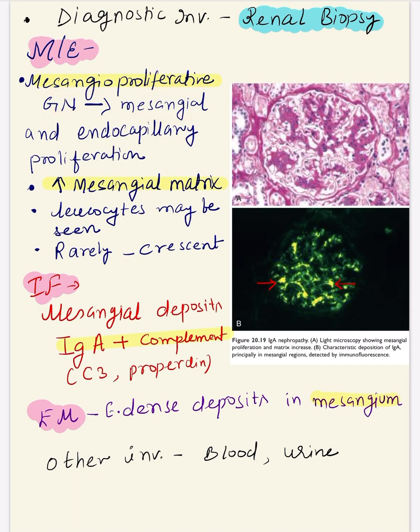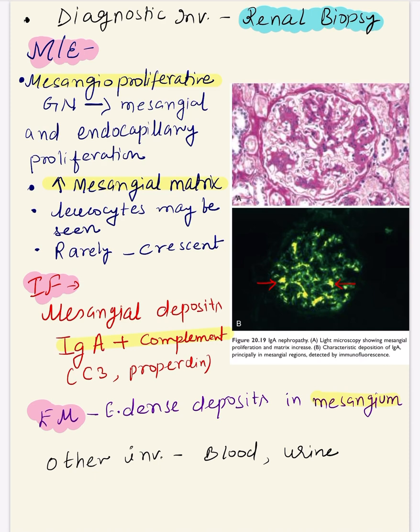The mesangium will appear with increased cellularity, and also there is endocapillary proliferation. The mesangial cells synthesize the extracellular matrix, so there is an increase in the mesangial matrix. Then WBCs may be seen, and rarely there can be crescent formation. And focally, sclerosis can also be seen. When the lesions are healing, there will be sclerosis. So focal sclerosis, and later on even crescent formation can be seen.